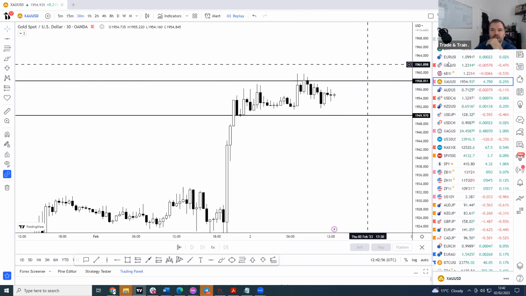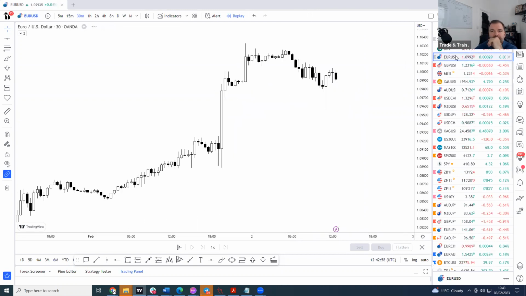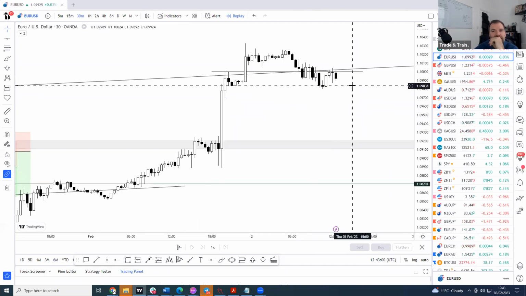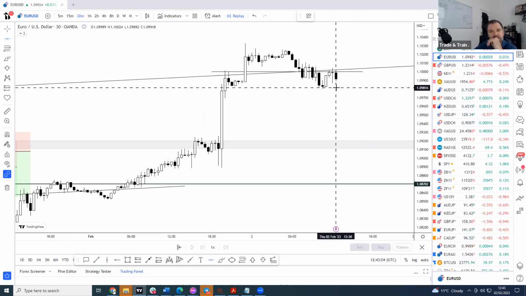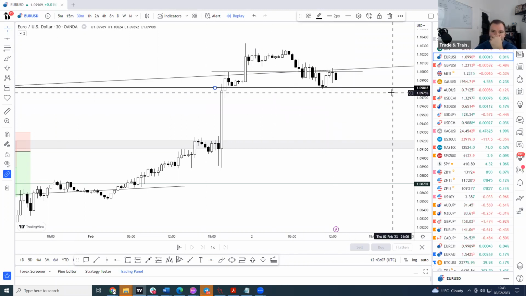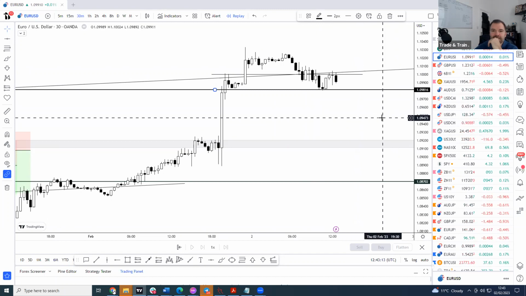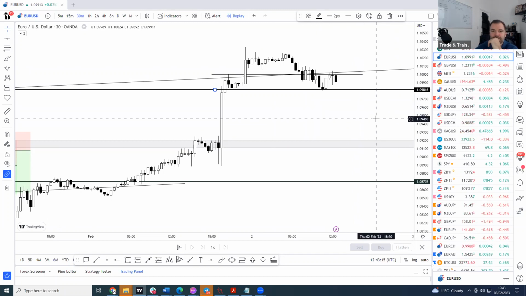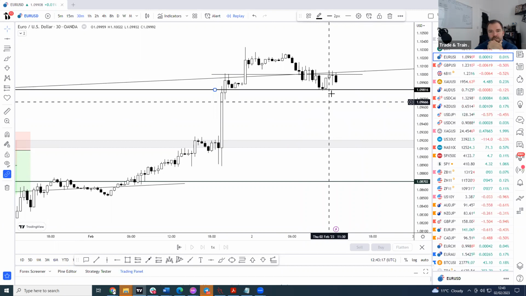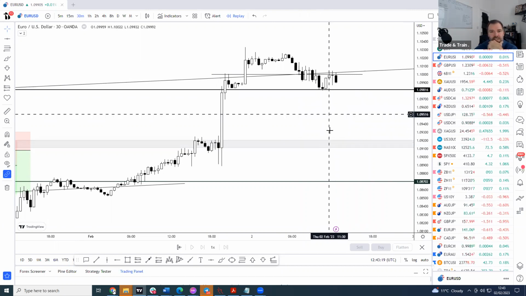So I like euro for shorts, by the way, guys. I like euro underneath here. But obviously we've got the news. I think we could fill this gap, this space.